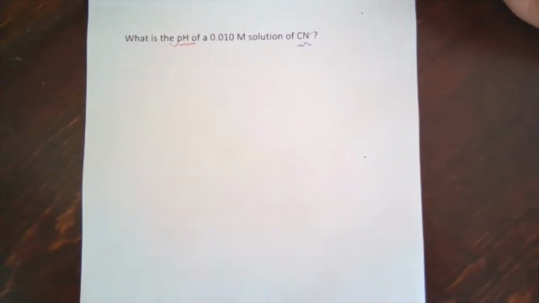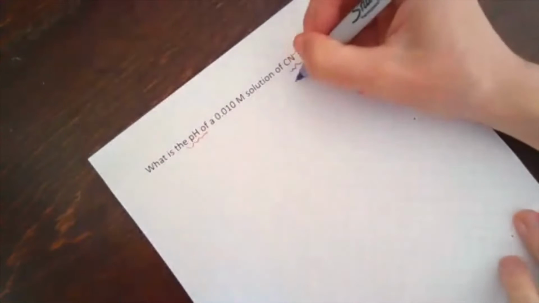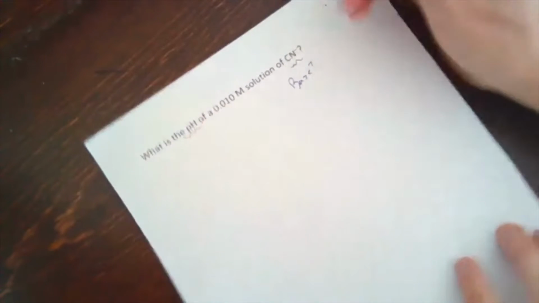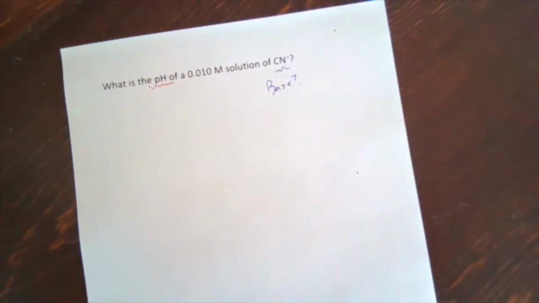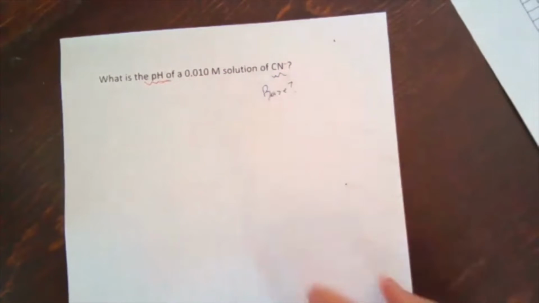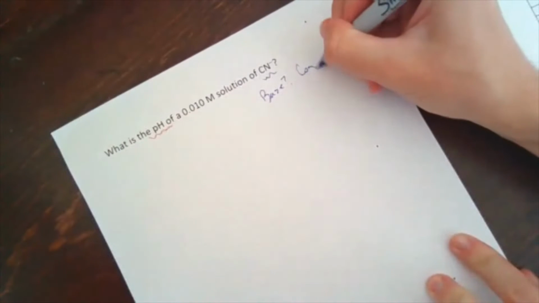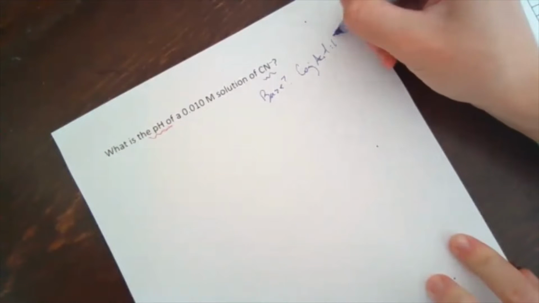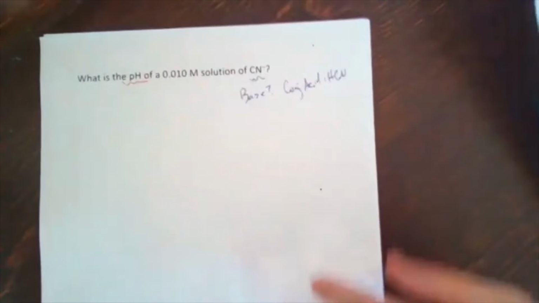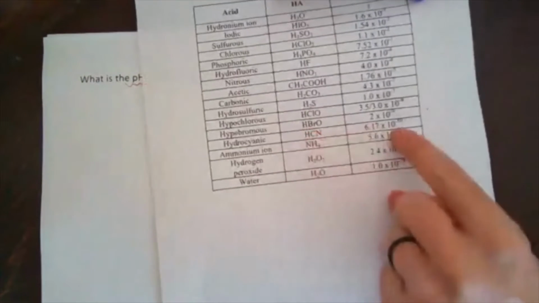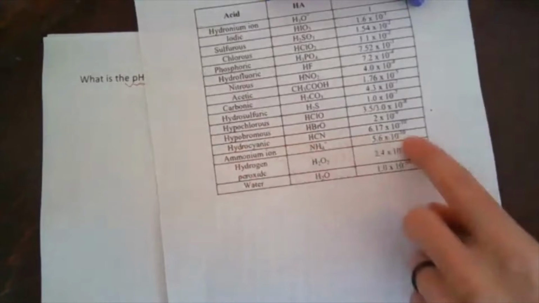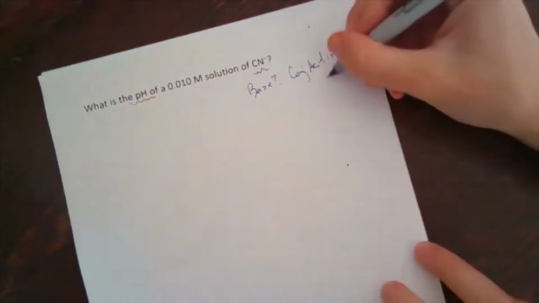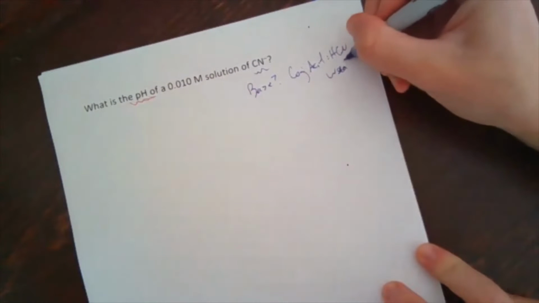This can't be an acid because there's no hydrogen in there. So then the question would be, is it a base? Because it is an anion, chances are it's going to be a base. The conjugate acid would be HCN, since it would be gaining H plus, and HCN, hydrocyanic acid, is a weak acid.